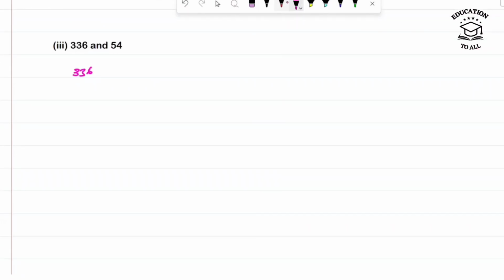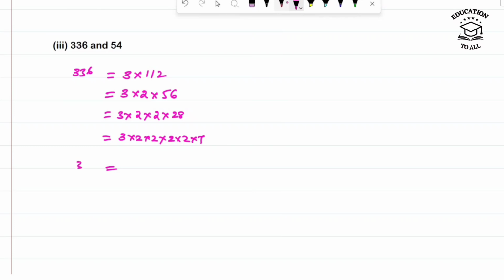336. What are the prime factors for it? 336 divided by 2 is 168, again 2 is 84, again 2 is 42, again 2 is 21, and 21 is 3 into 7. So the prime factors for 336 are, 2 repeated 4 times, so 2 power 4 into 3 into 7.